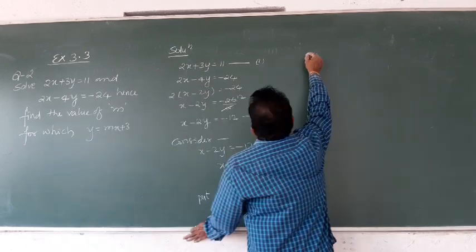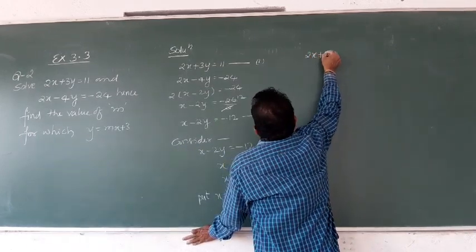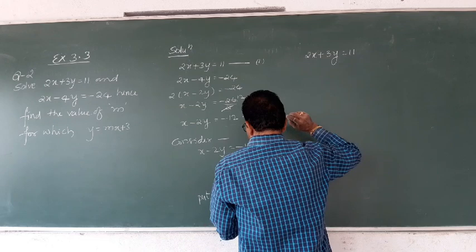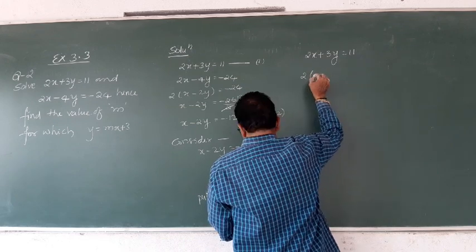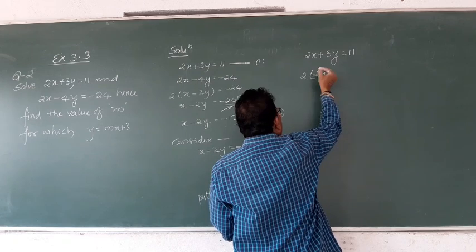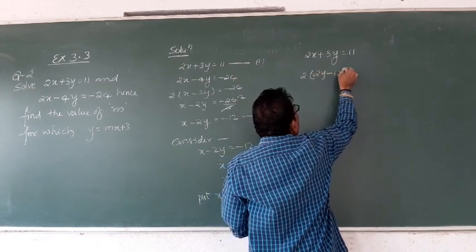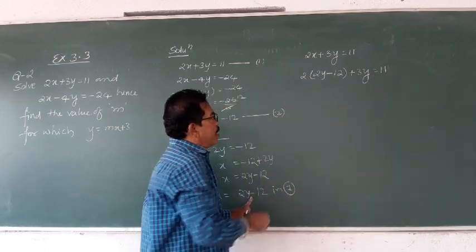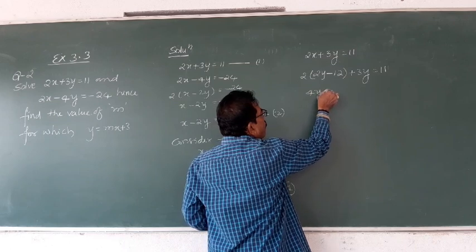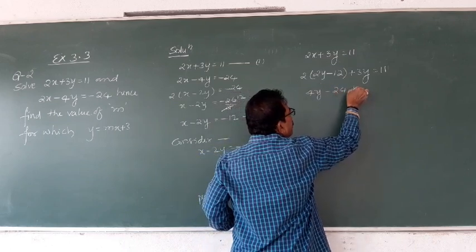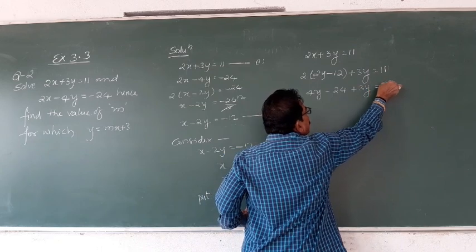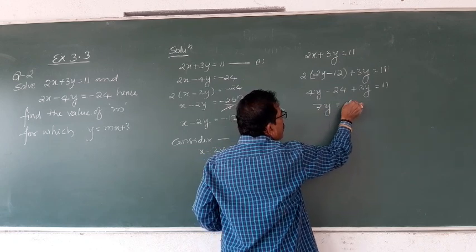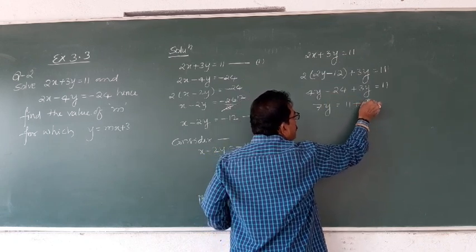Okay, 2x plus 3y equals to 11. Now value of x is 2 in the bracket 2y minus 12 plus 3y equals to 11. 2 2s are 4y, minus 12 2s are 24, plus 3y equals to 11. 4y plus 3y, 7y equals to 11 plus 24.